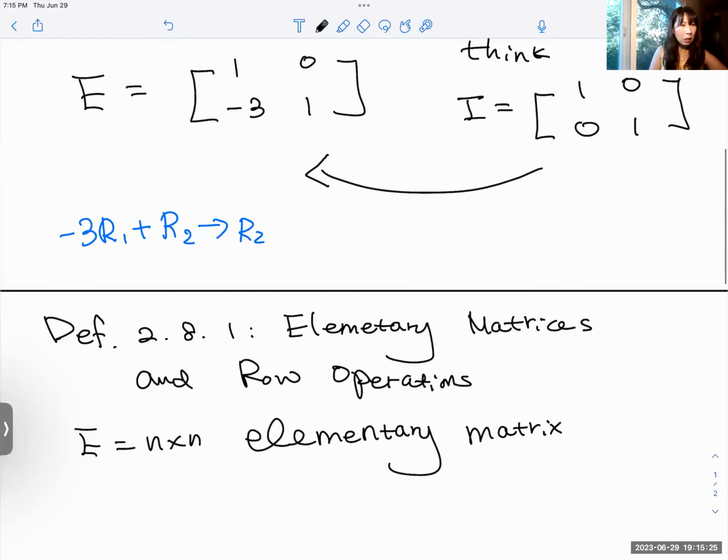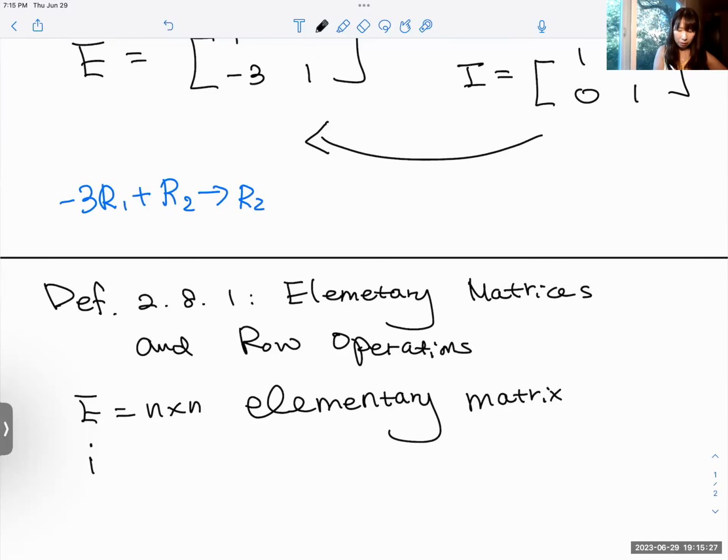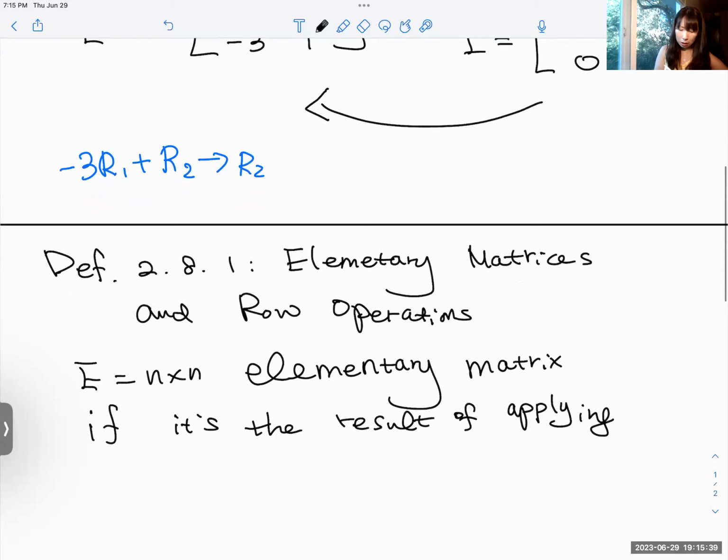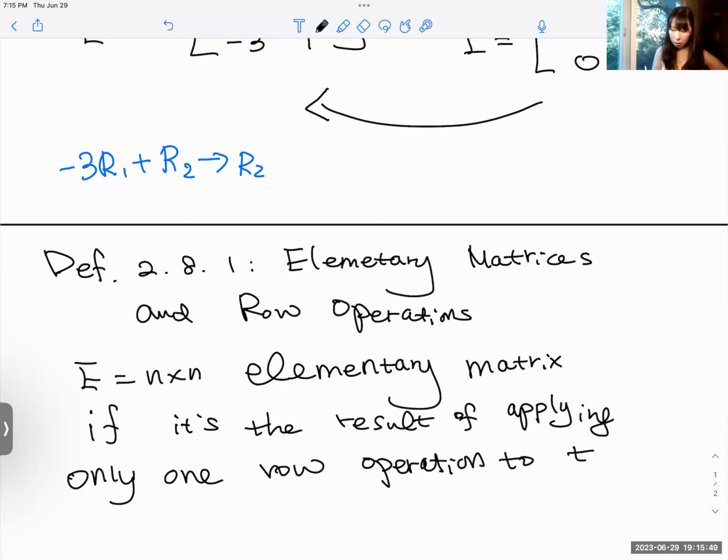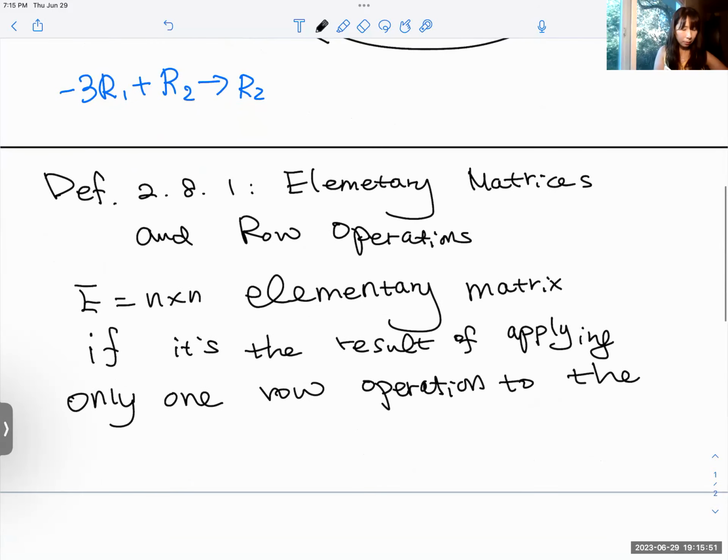So here, if it is the result of applying only one row operation to the n by n identity matrix.